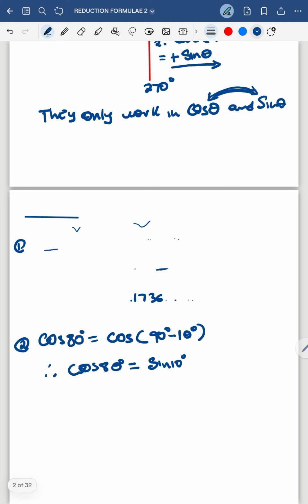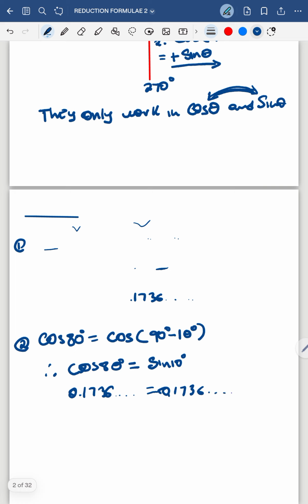If we go to the calculator and check cosine 80 degrees, you're going to have 0.1736 and so on. Then if you go to sine 10 degrees, you're going to have the same 0.1736. Can you see that these are equal?